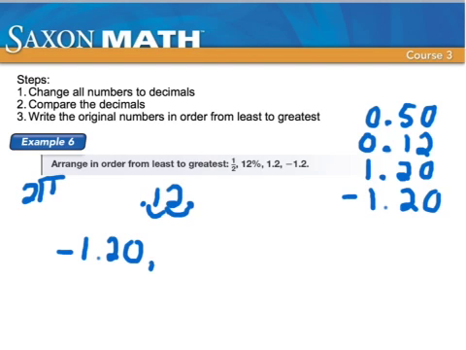Now let's cross off this number I already used here. Now I've got to compare from left to right. I've got some zeros here, and zeros are less than the 1, so I need to look at these two numbers. Then 1 is less than 5, so this is my next smallest number. So I'm going to rewrite it as it looks.